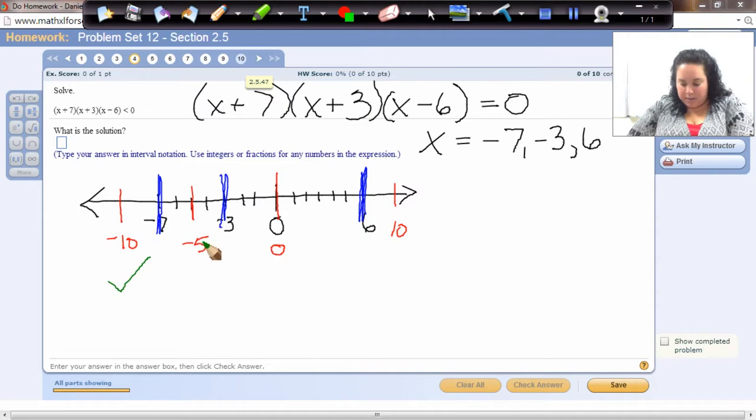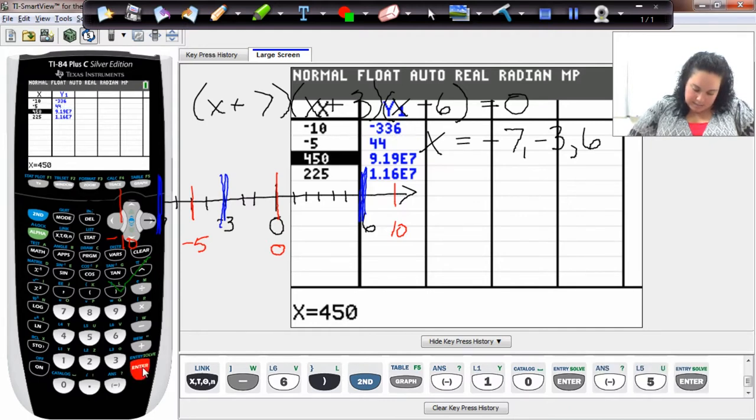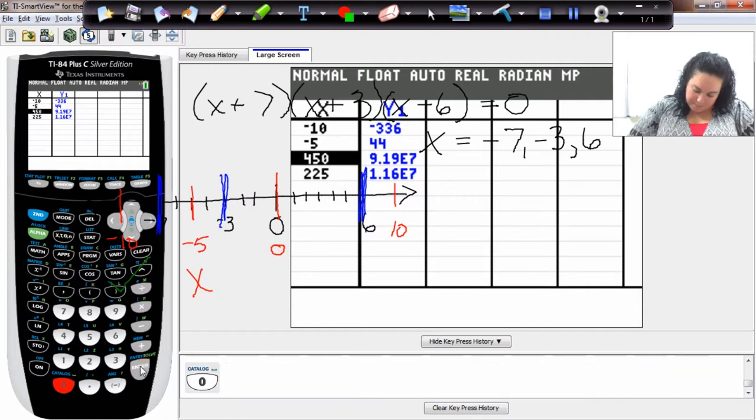So let's try the rest of these and see if they're also less than 0. Okay, so we're going to put in -5. Is that less than 0? It's 45, so that one doesn't work out. So no, not less than 0. If we plug in 0, is that less than 0? We get negative.